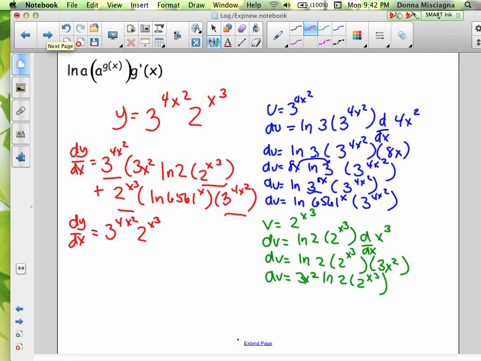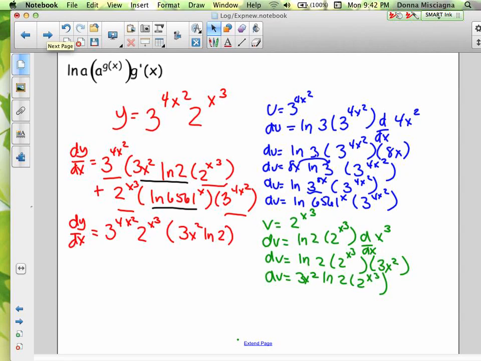In the first one, we have this left. And in the second one, we have just this left. All right, so we have times 3x squared, natural log of 2, and then times, oh, I can almost squeeze it in, natural log of 6561.